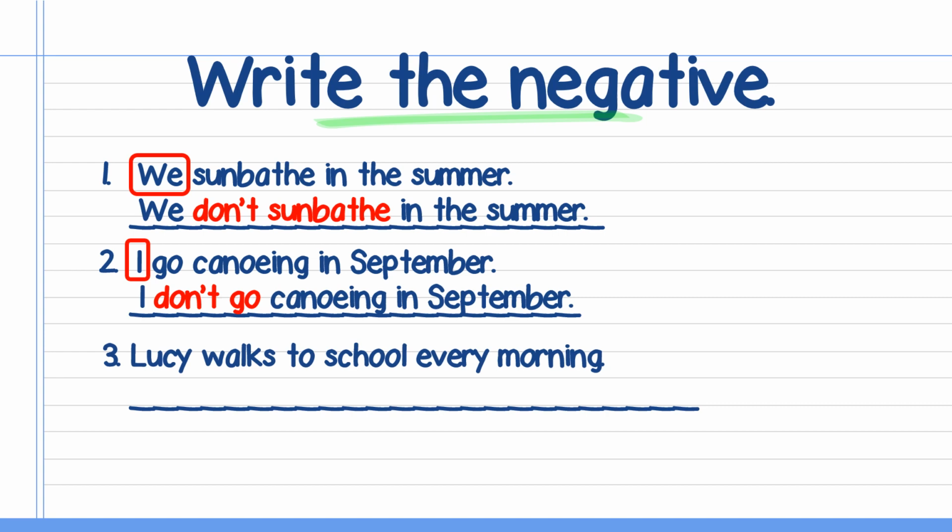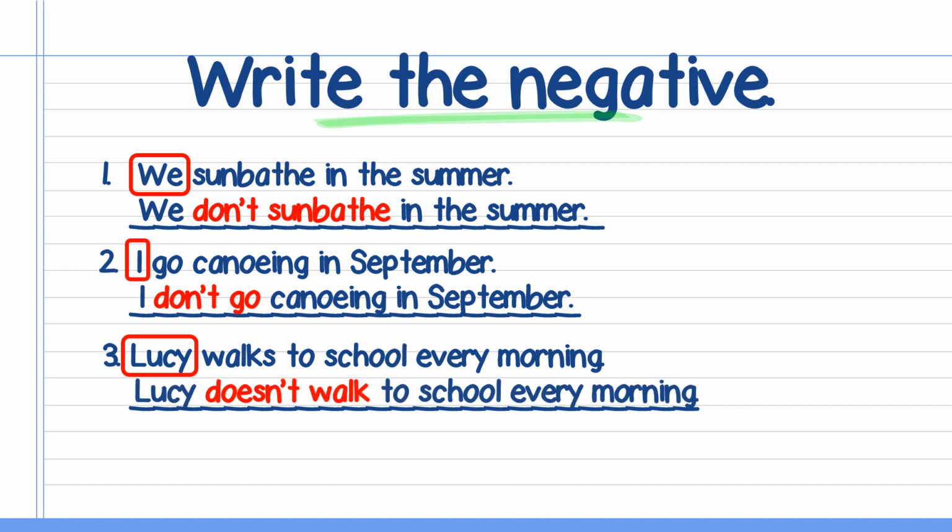Now look at number 3. Lucy walks to school every morning. The keyword here is Lucy. Lucy is the singular subject. So the answer is Lucy doesn't walk to school every morning.